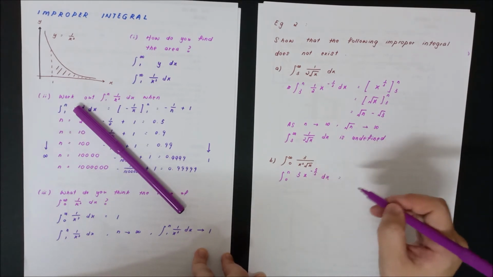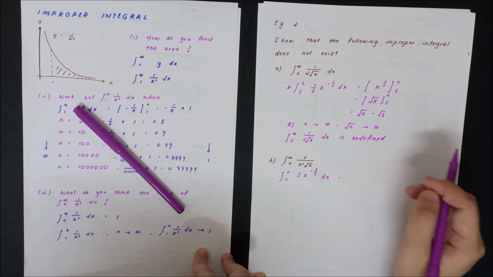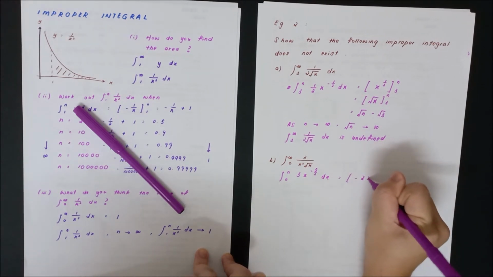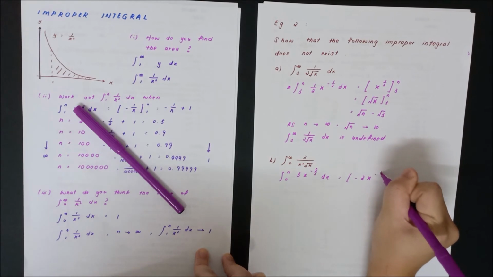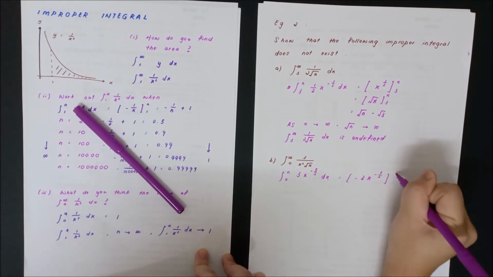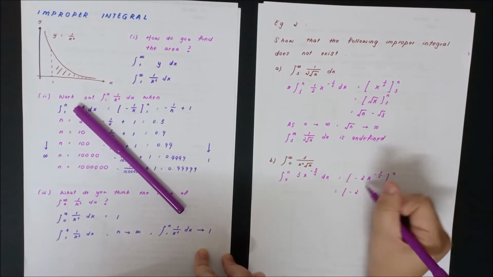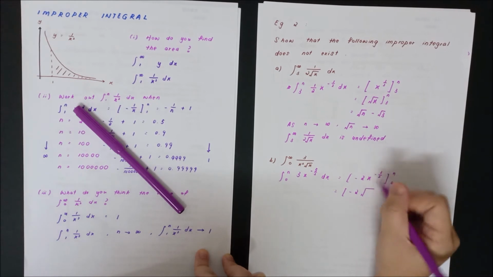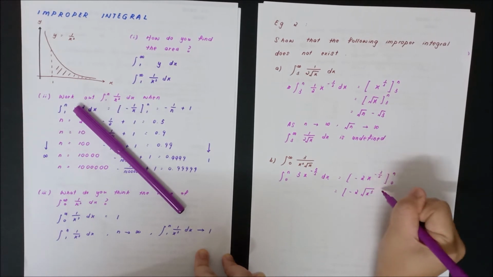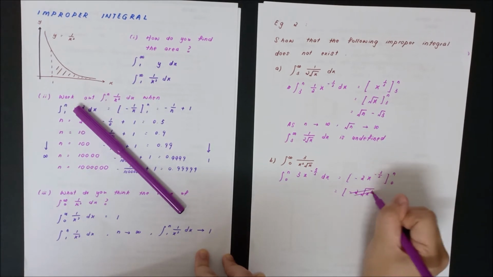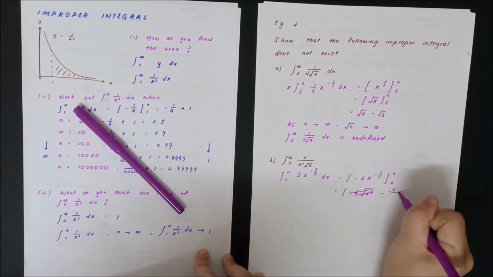Negative 5 over 2 plus 1, you are getting negative 3 over 2. So 3 divided by the number, you are getting negative 2x to the negative 3 over 2, from 0 to n. If you want, you can write it in square root form. So x cubed. Oops, sorry, this is negative. So it's going to be negative 2 over square root x cubed.